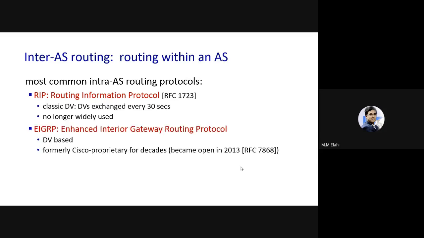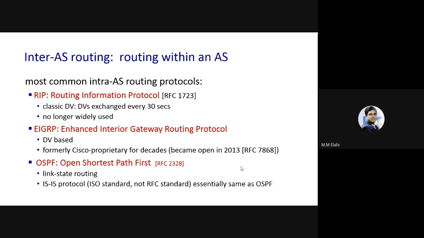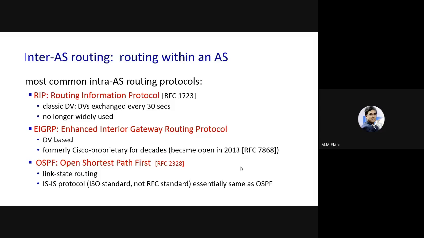Okay, so these are examples of intra-autonomous system routing protocols: RIP, EIGRP, and OSPF. OSPF is link state. RIP and EIGRP are distance vector based. And there is an example of inter-autonomous system routing, that is BGP.